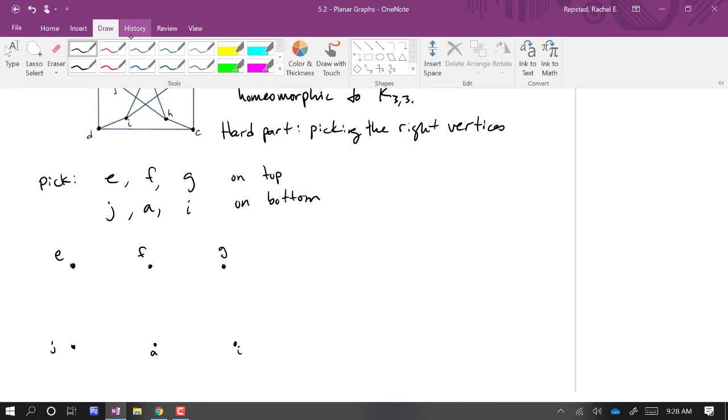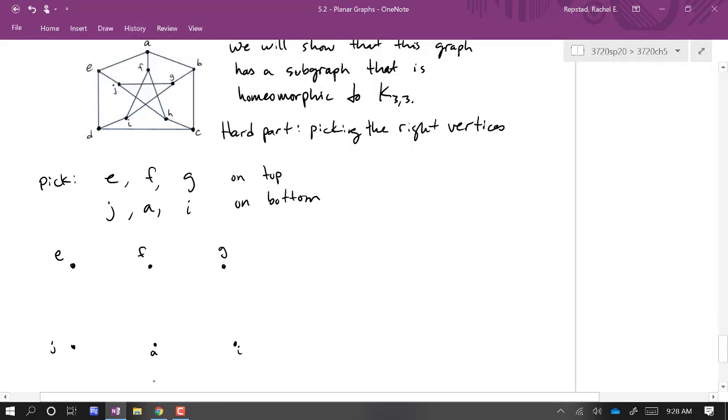Certainly we've got this edge. I'll focus on the vertex A here. So I have an edge going from A to F and from A to E, and now I don't have an edge going directly from A to G, but I can get from A to G by going through vertex B. So what I'm going to do is draw this.